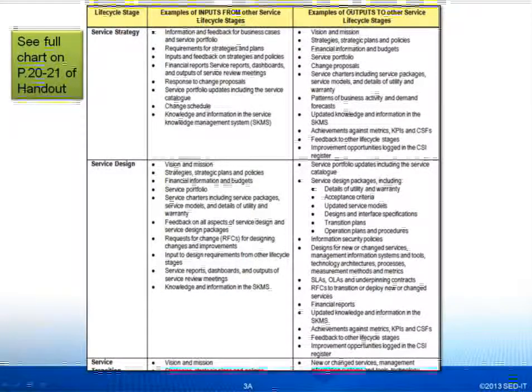First of all, how do you read it? Well, very simply, the life cycle stage is in column 1. The second column is examples of inputs from other life cycle stages. So what are other life cycle stages providing to service strategy? The last column, where it says examples of outputs to other service life cycle stages, we're talking about, for example, the first life cycle stage, which is strategy, what strategy provides to the other 4 life cycle stages.